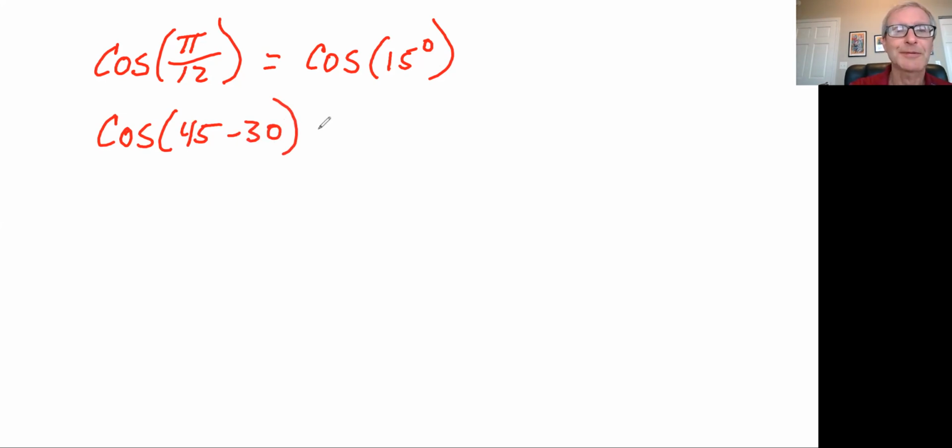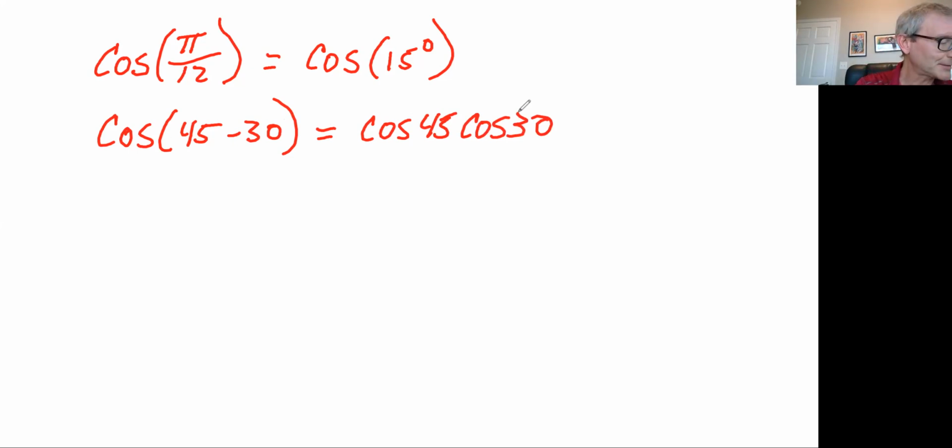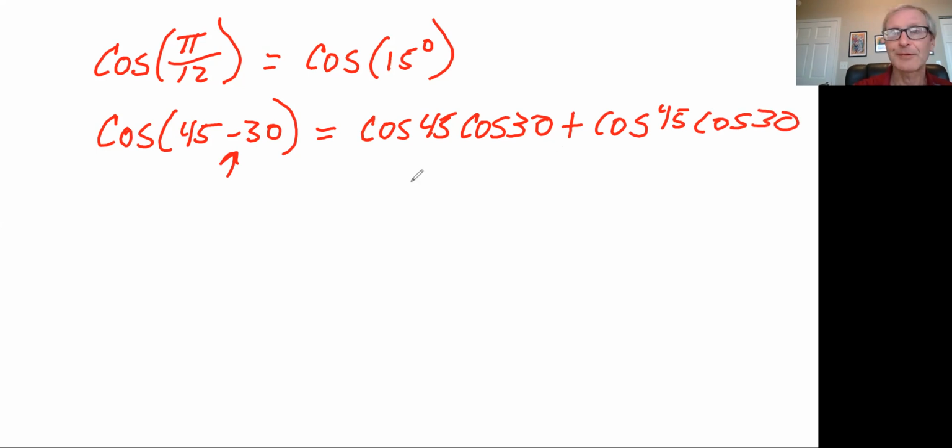And so when you set this up, it would be cosine of 45, cosine of 30. And then because there's a minus in here, this one would end up being plus. So this would be plus sine of 45, sine of 30. And so you can see we're plugging the exact same numbers in.